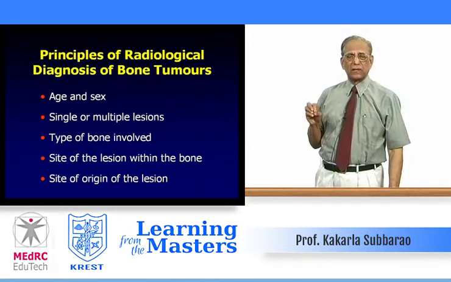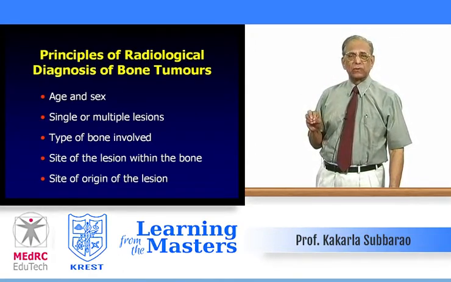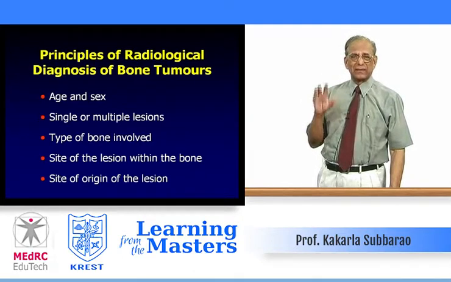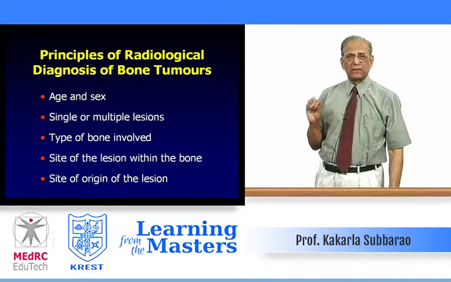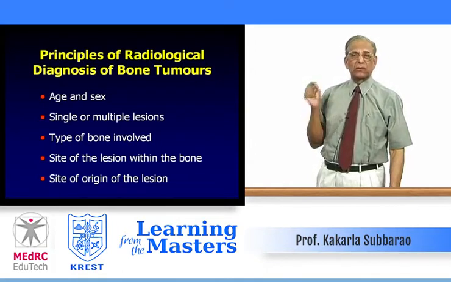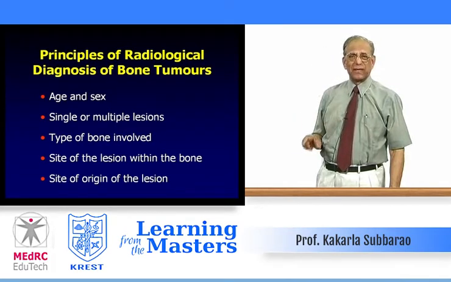Two decades ago, we used to do what is called a skeletal survey. We would take the axial skeleton, a lateral view of the skull, the proximal ends of the femora and humeri, and the pelvis, and say there are no other lesions noted in this skeletal survey. But today it's not that. Today we use radioactive isotopes, technetium-99m, and with a gamma camera we take a scan and see which areas are hot.